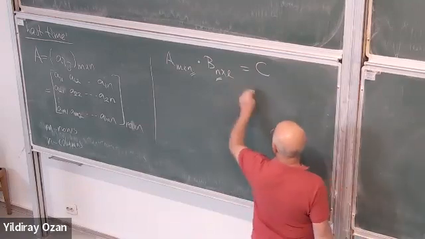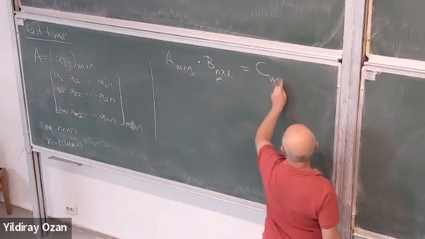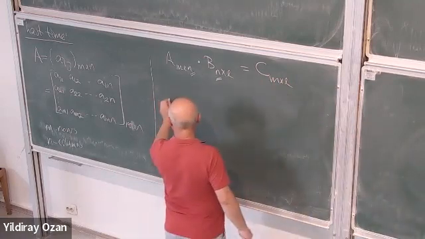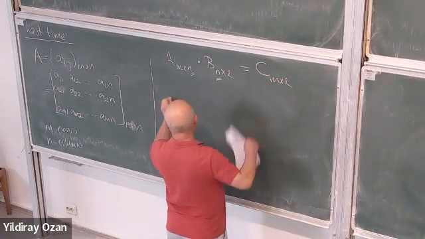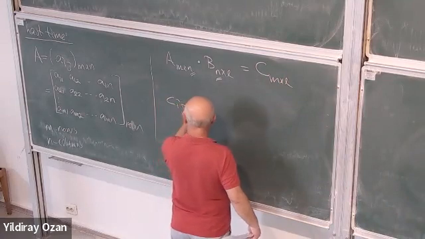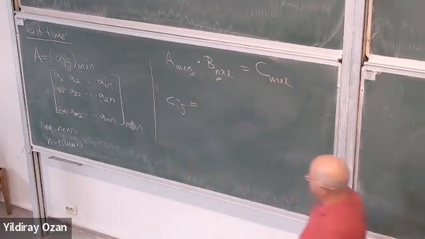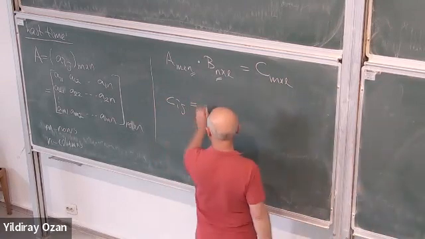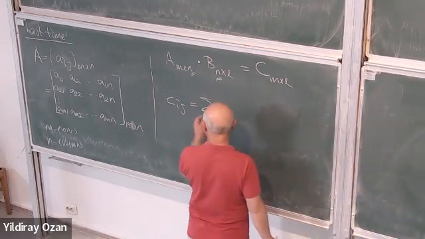Then we get an n by L matrix, and we've seen last time that if the entries of C are Cij, then this Cij is nothing but this summation.